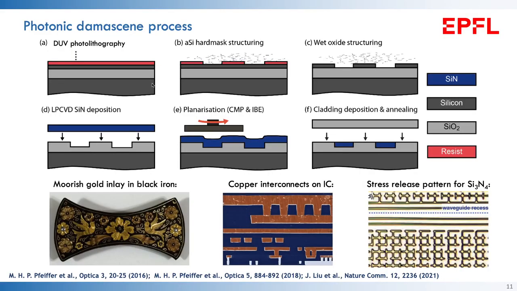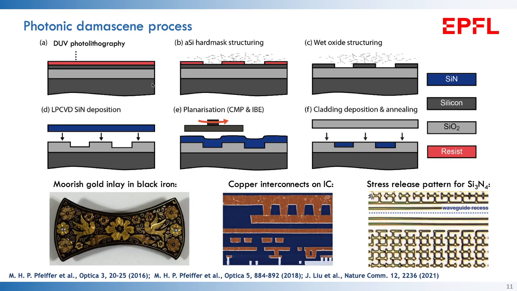At EPFL, we are developing the so-called photonic Damascene process. Instead of etching the silicon nitride film directly, we create a preform in the silicon oxide layer. Then we deposit the silicon nitride film into this preform, and use mechanical polishing to smoothen the top surface.